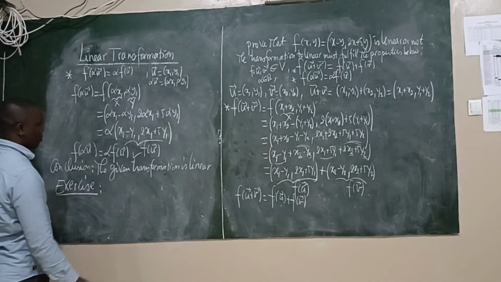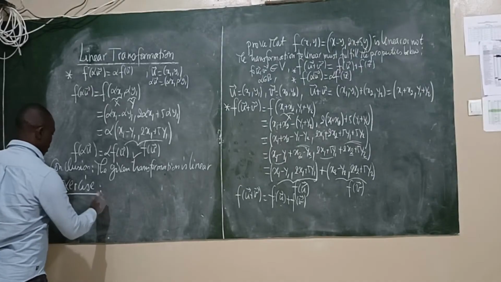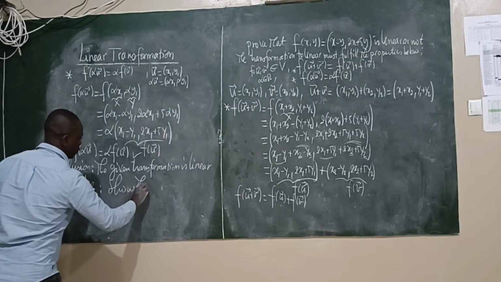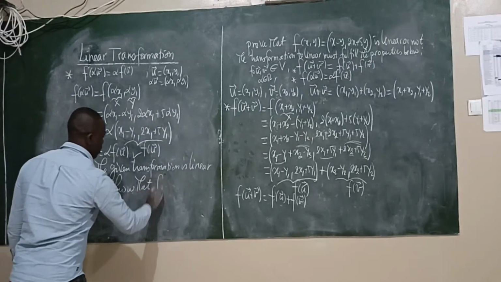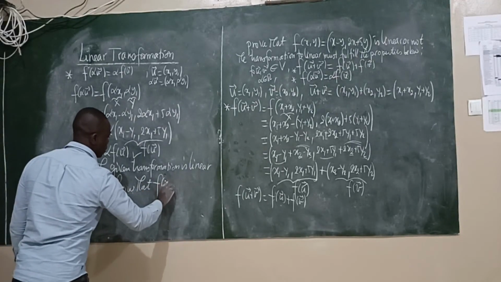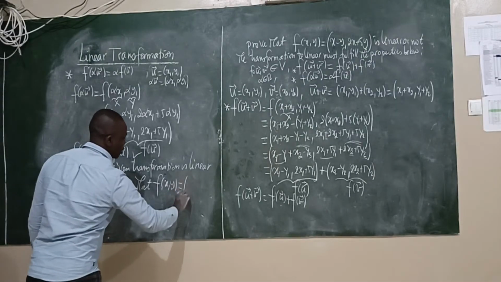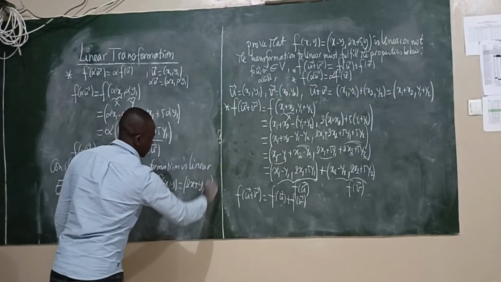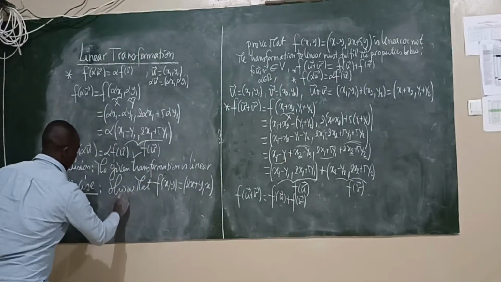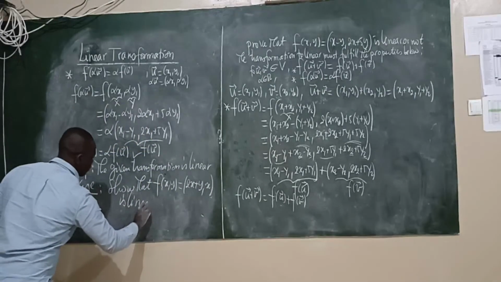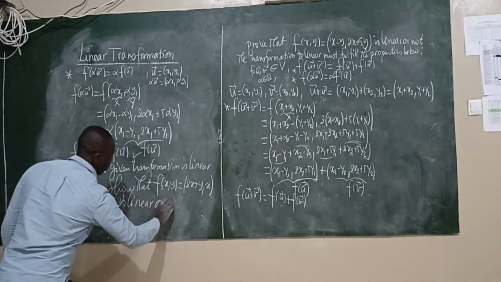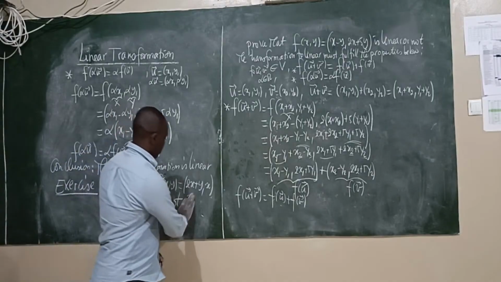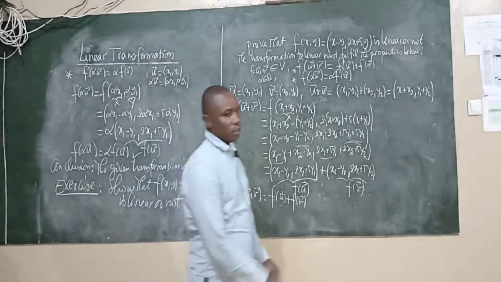Have your notebooks and pens ready. Show that the transformation f of x, y, which is 2x plus y, comma, x, is linear or not.